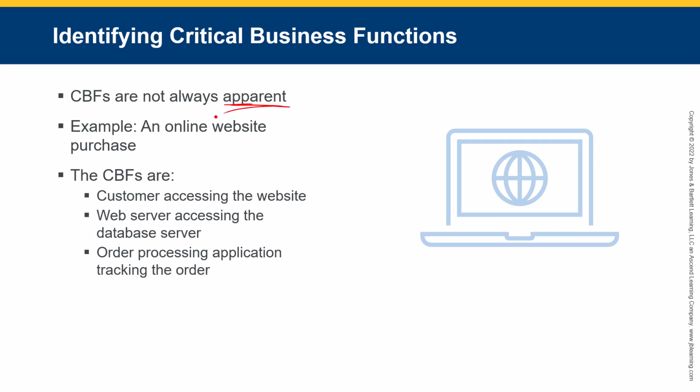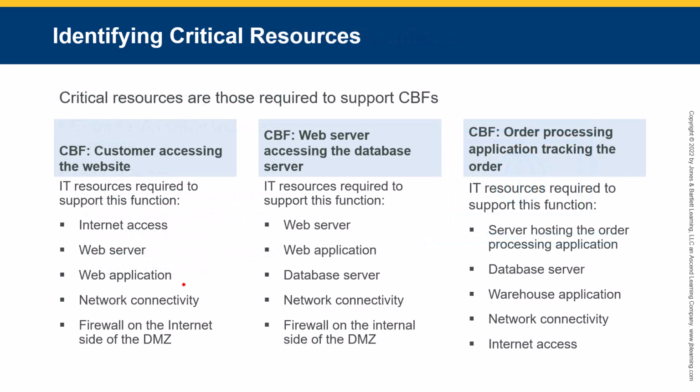For example, an online website purchase. The business functions are the customers accessing the website, the web server accessing the database, the ordering process, and the ability to track that order. These things all have to come into play for us to rank and prioritize them.